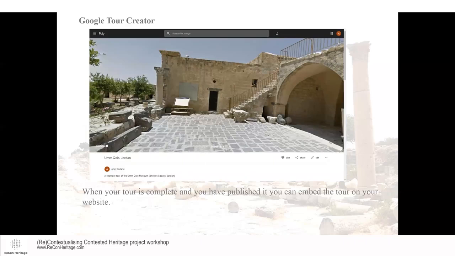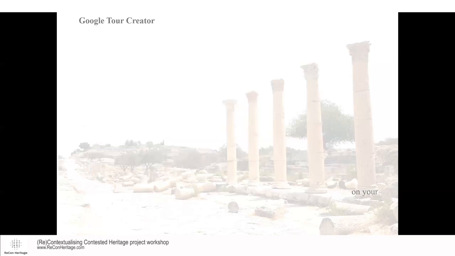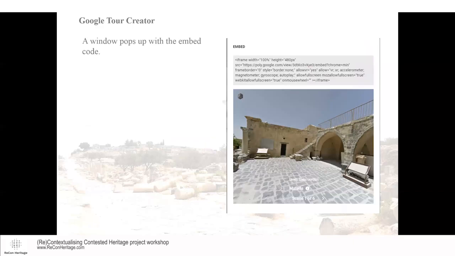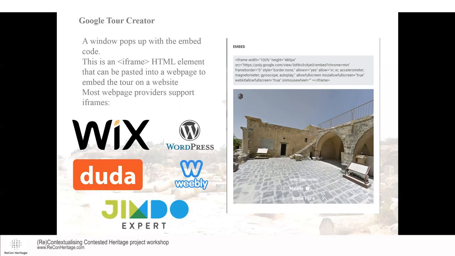So how do you get your tour on your website? You follow the Google Poly link, as we said. You click on share, and you copy that embed code like we showed a moment ago. And that's an iframe, which is a website programming element or HTML element, and it can be pasted into most web pages.